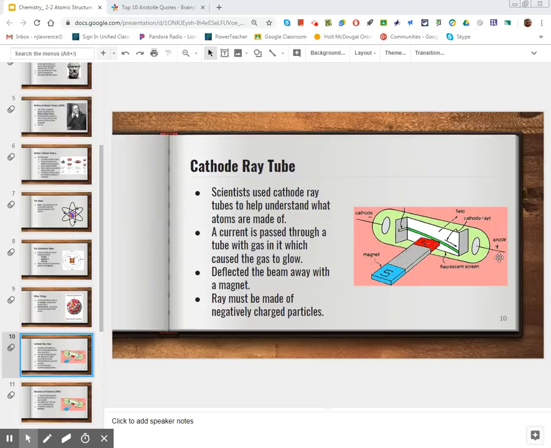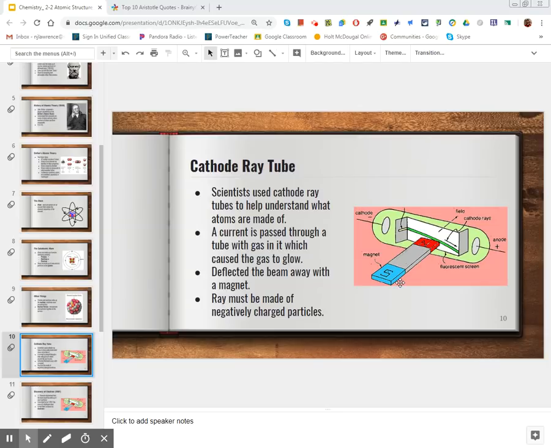And when you hooked up an electrical current that came from the cathode to the anode, we actually saw a beam of light that stretched from here to here. So somehow, in this glass tube that did not have anything in it that conducted electricity, there was a way for this beam of light, this laser-looking thing, to go from one side to the other side. We determined that those things are probably going to be a negatively charged particle because we hooked up a magnet to it.